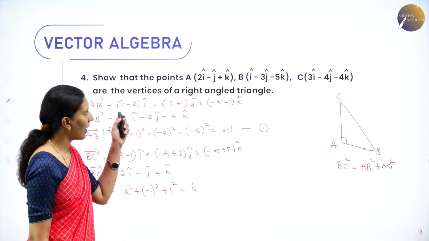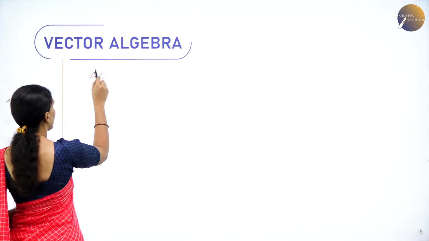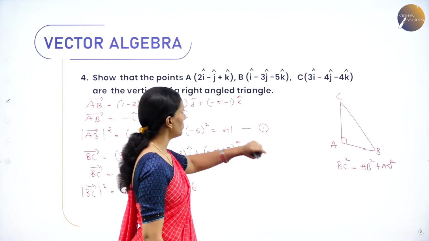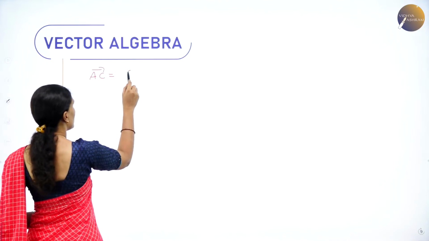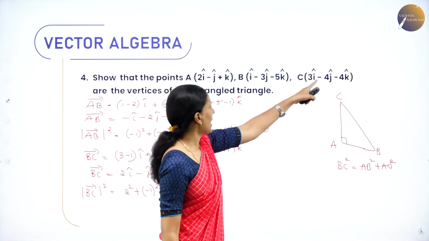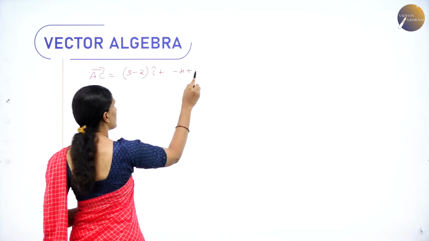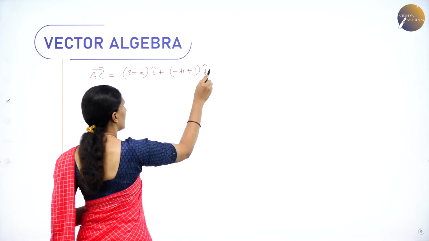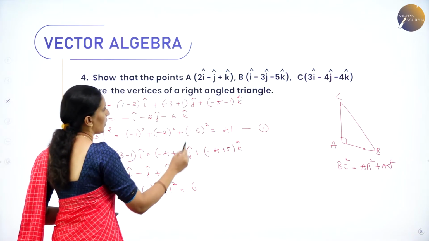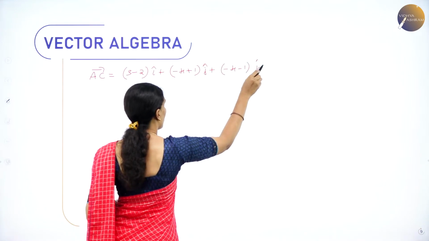Now let's take AC. Vector AC is, so 3 minus 2 we have for I. So let's write 3 minus 2, I, plus minus 4 plus 1, j, plus minus 4 minus 1, k.